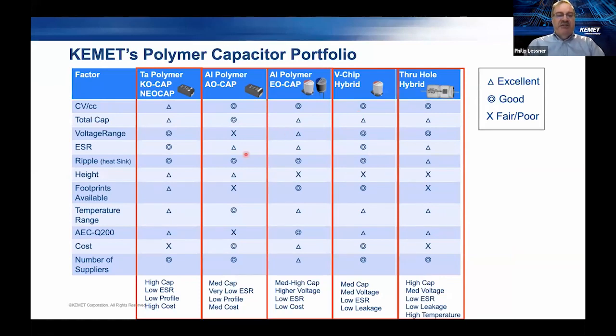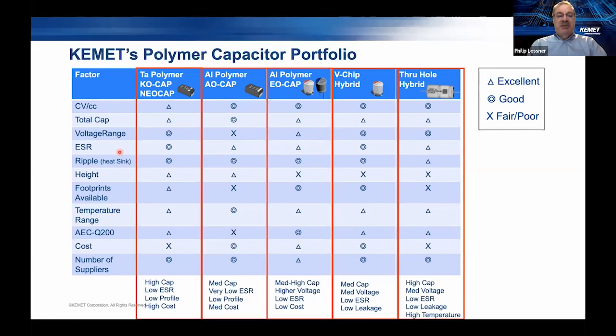What I've put here is a chart that shows some of the advantages and some of the disadvantages of the different product forms. And really the takeaway from this table is there's no one product that fulfills all the requirements that you might have.